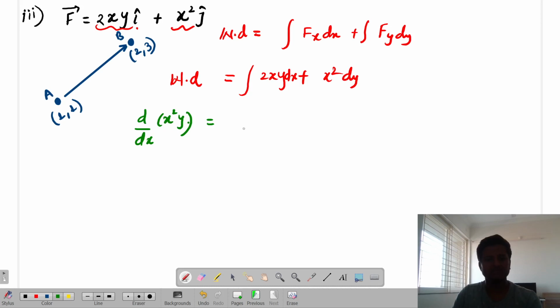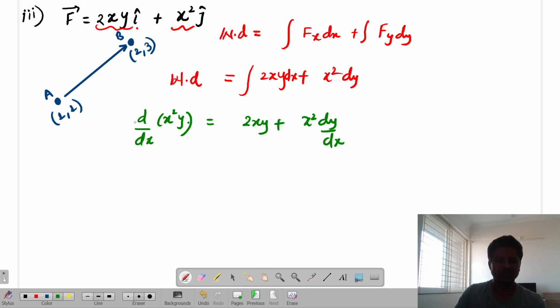If I take a differentiation of x square y, what will I get? I'll get 2xy, and then there will be a chain rule, because these are two different variables, so x square into dy by dx.